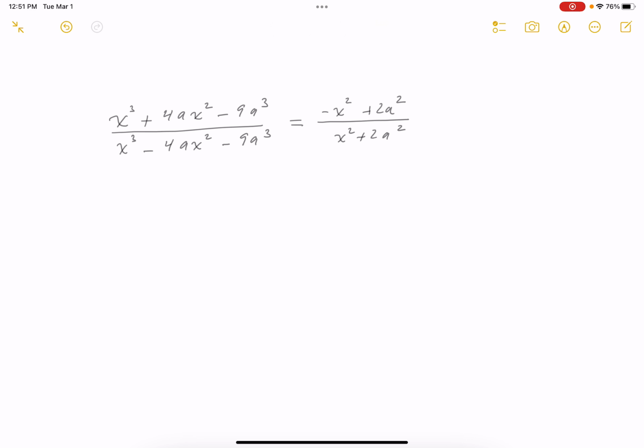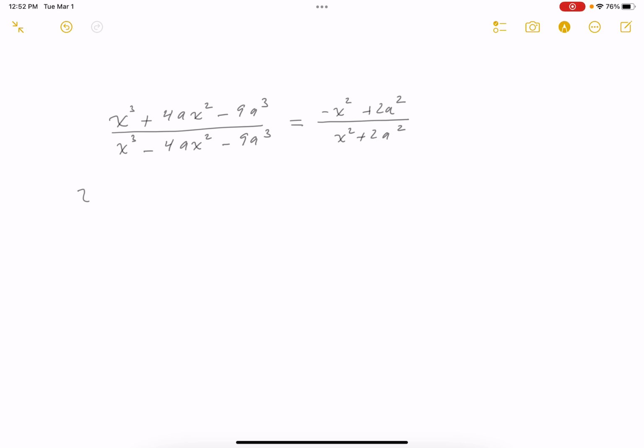All right? Now there's a couple different things I could do over here. I guess I could try a long division, but you know what I'm going to do? I'm just going to plow forward and multiply both sides by the LCD. And let's write down what you get.